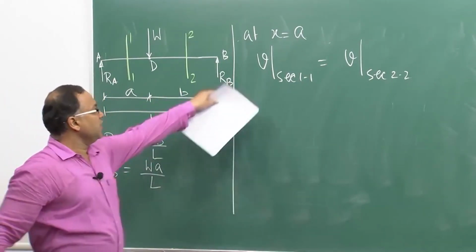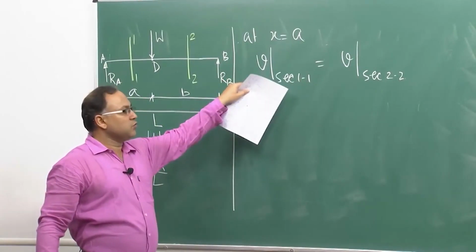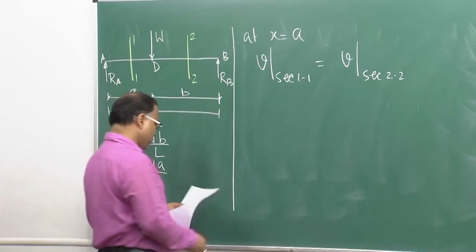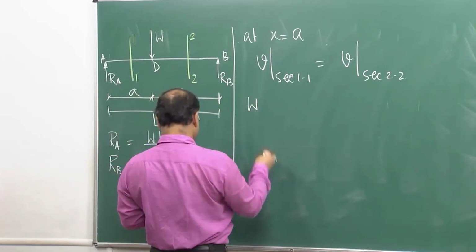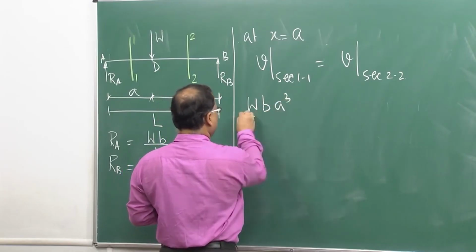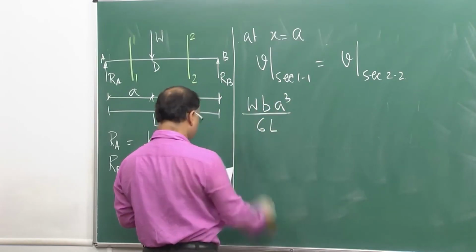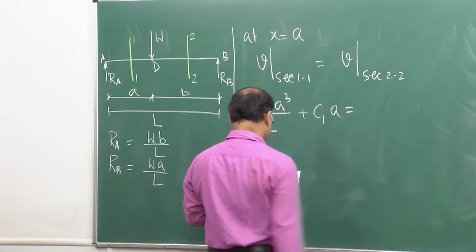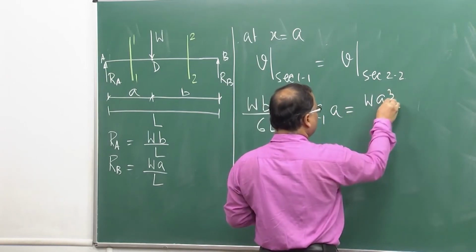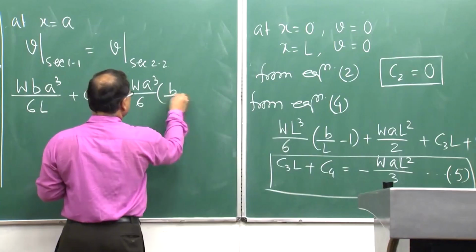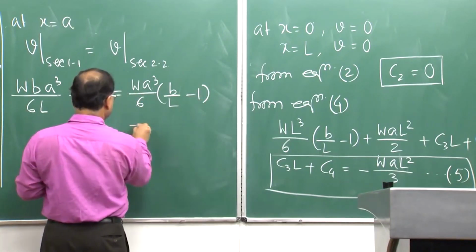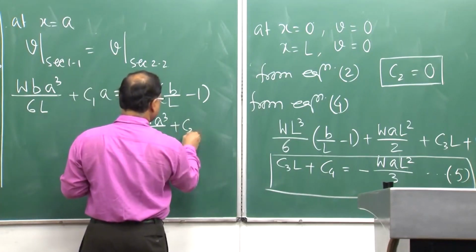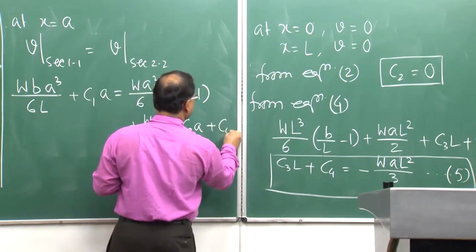So, that I am writing. V from section 1-1 and V from section 2-2 at x equal to a must be same. So, if I put the values, V for section 1-1 at x equal to a is W a cube by 6 (B by L minus 1) plus W a cube by 2 plus C3 a plus C4.